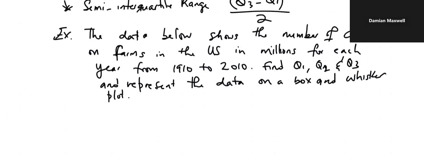All right. So these are the data values, and it's in millions. So this 59 means 59 million. 70.4 would mean 70.4 million. So it is still discrete data. It's not a decimal saying we have 70.4 cows. This is in millions, meaning 70,400,000.